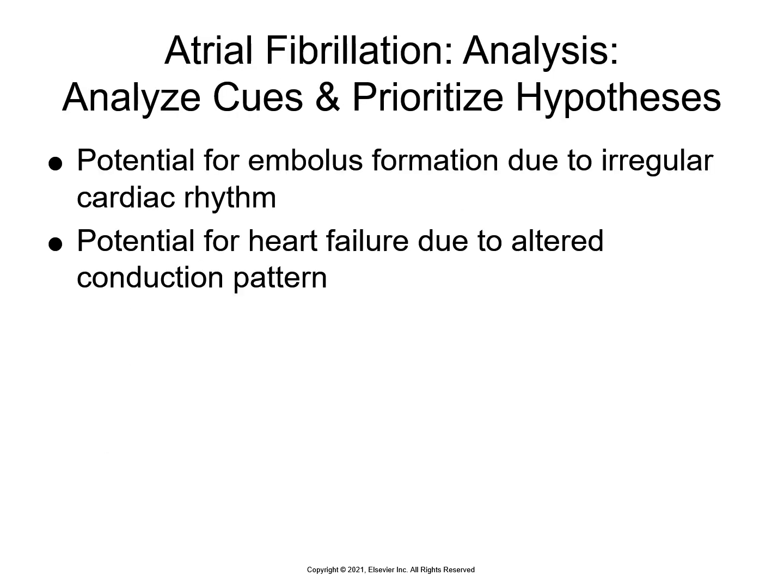Our concern here is the potential for embolus formation due to that irregular cardiac rhythm. The atrium is beating very fast, so the blood can pool in there, and it can cause a person to have a stroke.